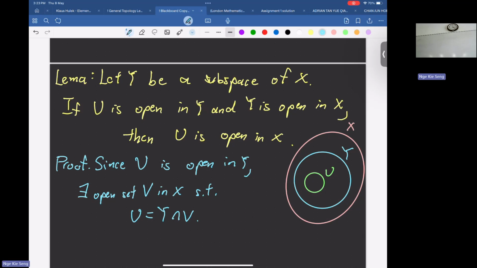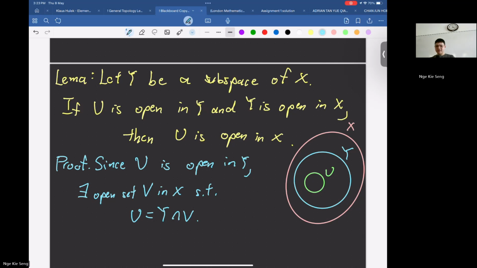But at the same time, what's the assumption on Y? Y is open in X. Where you take the V from? V is also open in X. So the intersection of two open sets is open.